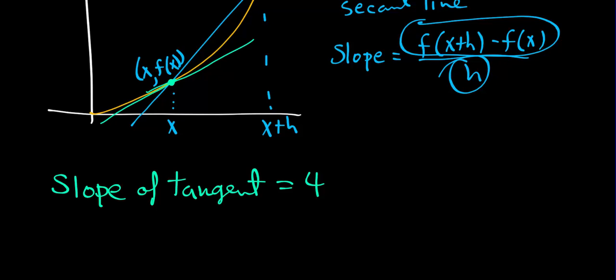So what we have now is a curve, f of x equals x squared, and a line that's tangent to it that has a slope of 4. Now, of course, it passes through the point 2, 4. So we have a line that touches the graph at the point 2, 4.